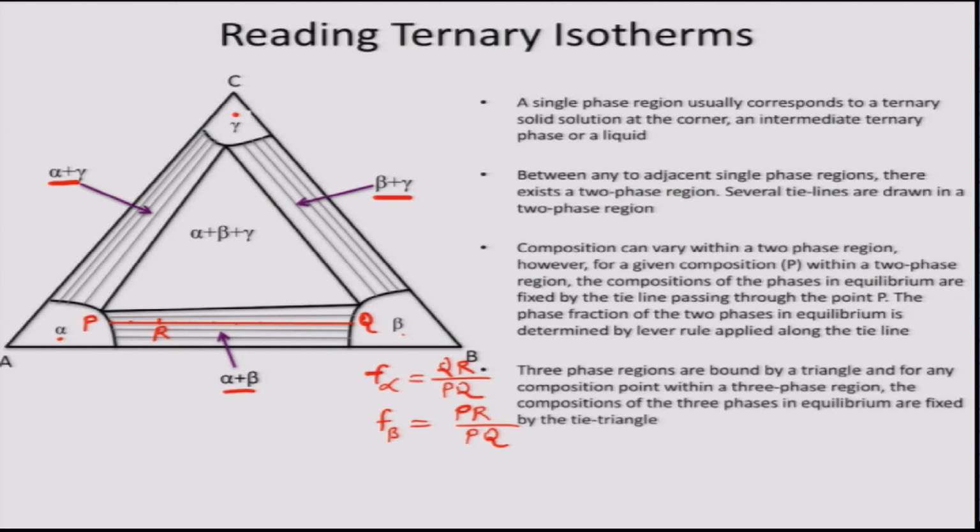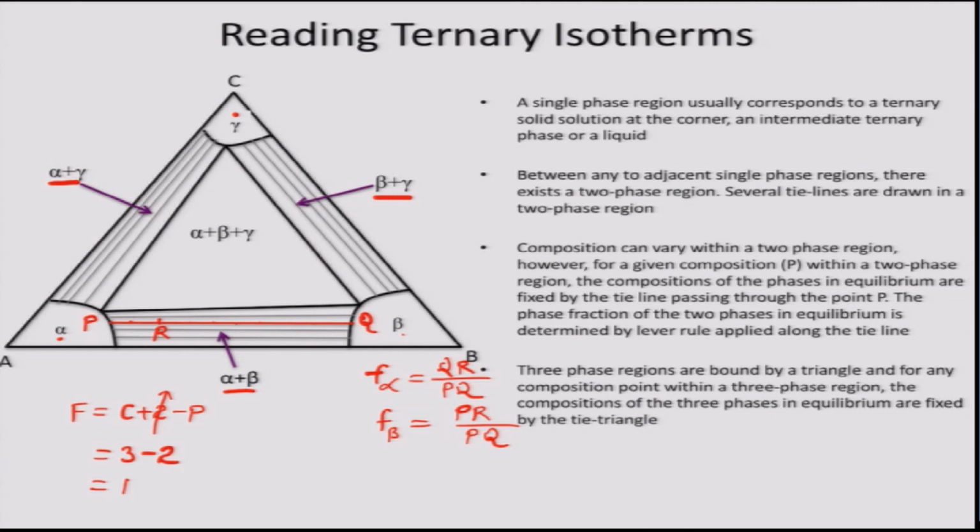So, if I apply the Gibbs phase rule here, I can write F is equal to C plus 2 minus P, and since the phase diagram is always at constant pressure, and since I am considering an isotherm or isothermal section of the phase diagram, I am holding temperature also constant, and so I don't need to consider the factor 2. For a ternary, C is 3, and in a 2 phase region, P is equal to 2, and so F is equal to 1. So in a 2 phase region on a ternary isotherm, there is 1 degree of freedom, and hence there are multiple tie lines.